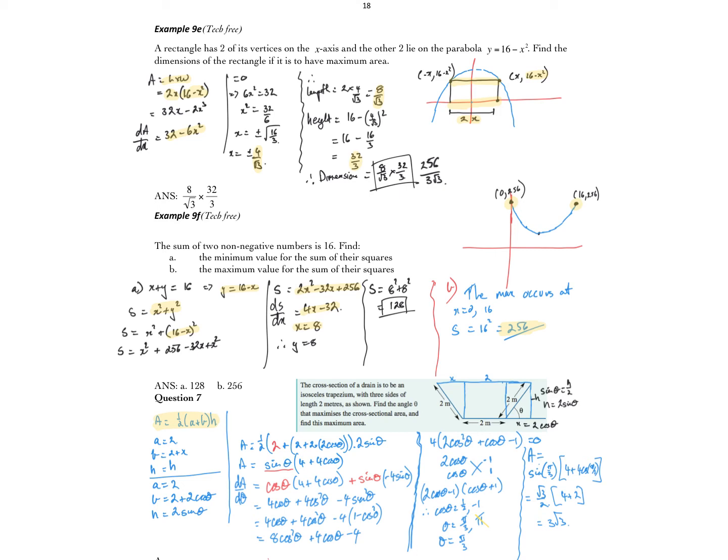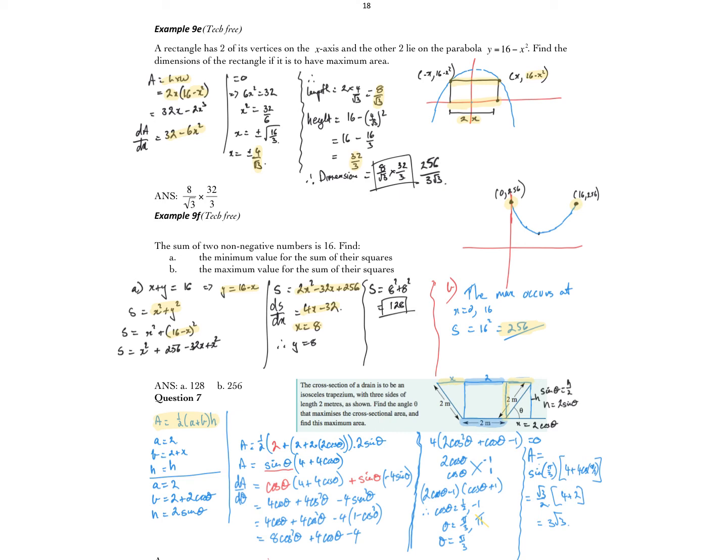So what do we need? Here's my drain over here. I've got the a length here at 2, so that's okay, which means that length up there is 2, which means I need the little tails. I need that length there and that length there, and I also need the height.